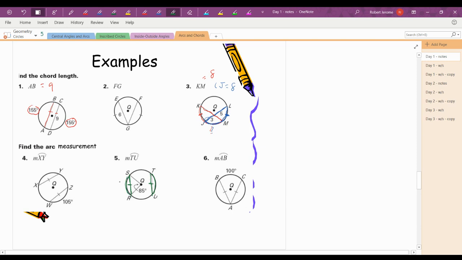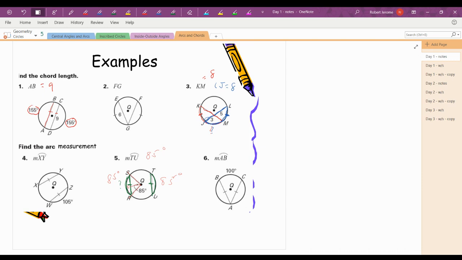So really the question is, if we know arc SR, then we know arc TU. Well, what's arc SR? We have to use our old knowledge of our central angle. Angle at the center equals arc. So 85 degrees. So then TU is also 85 degrees.